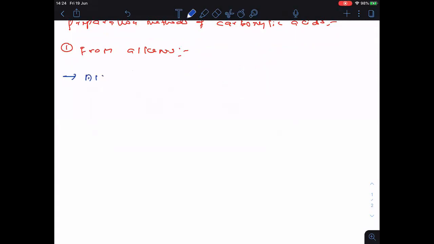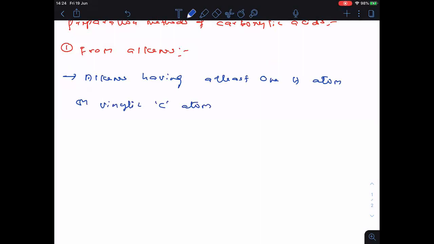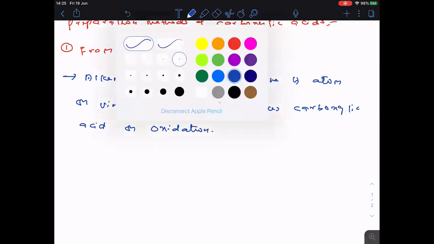Alkenes having at least one hydrogen atom on vinylic carbon atom produces carboxylic acid on oxidation. Clear, everyone?